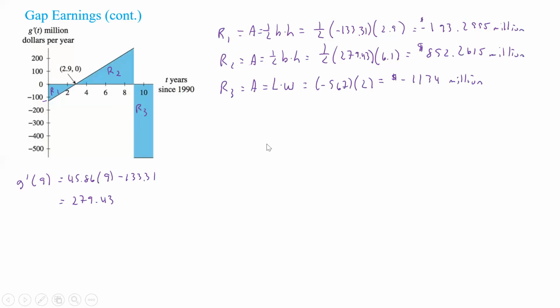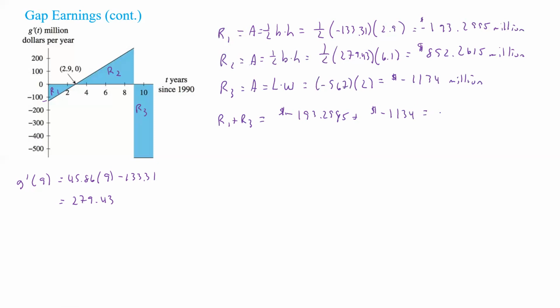All right, so it did ask for the total area below, so we really do have to calculate that. Area below, R1 plus R3, that's going to be negative 193.2995 plus negative 1,134.